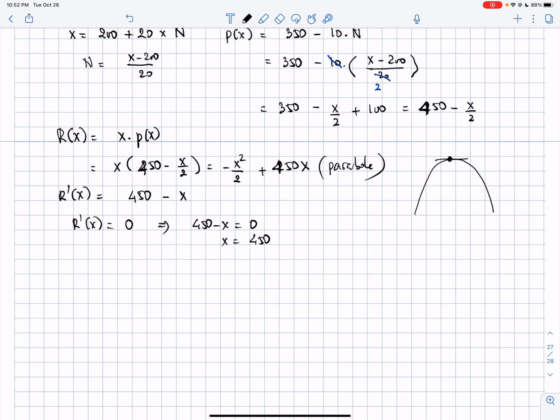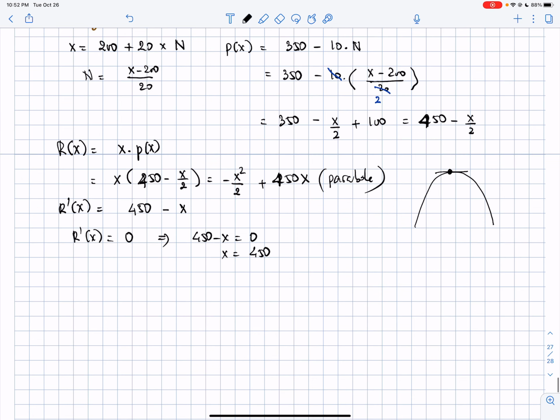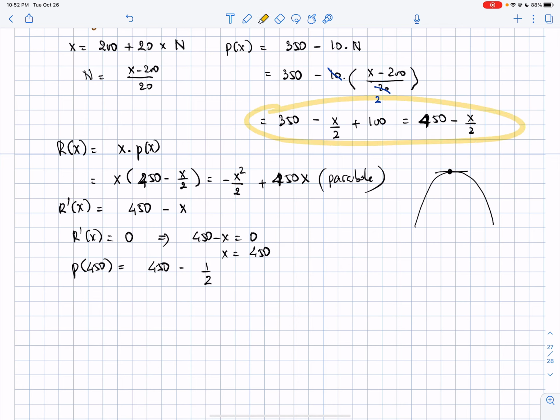So we don't need to find the revenue maximum. We want to find the demand function, so the price, at 450. So 250 minus 1/2, I plug into here, times 450, and I got 225.